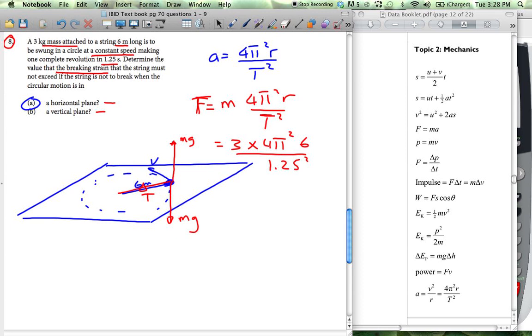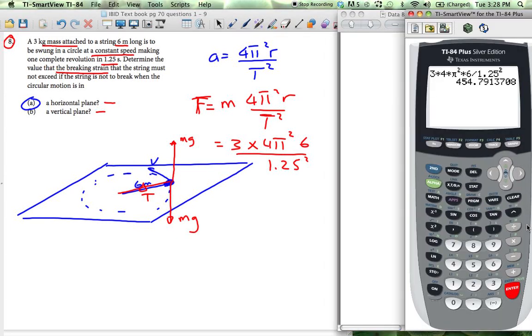Now I can do that on the calculator here. So we're going to get 3 times 4 times pi squared, mustn't forget the squared, times 6 divided by 1.25 squared. Enter.